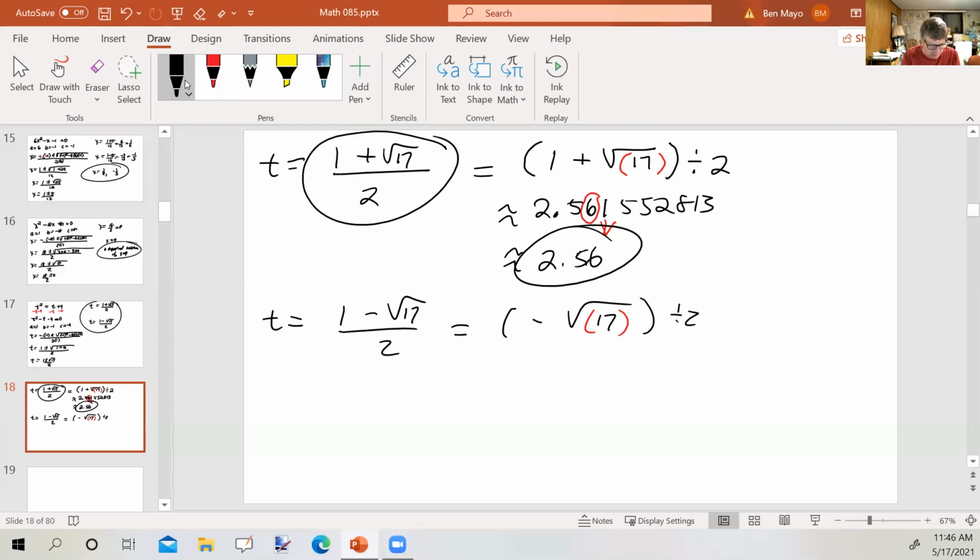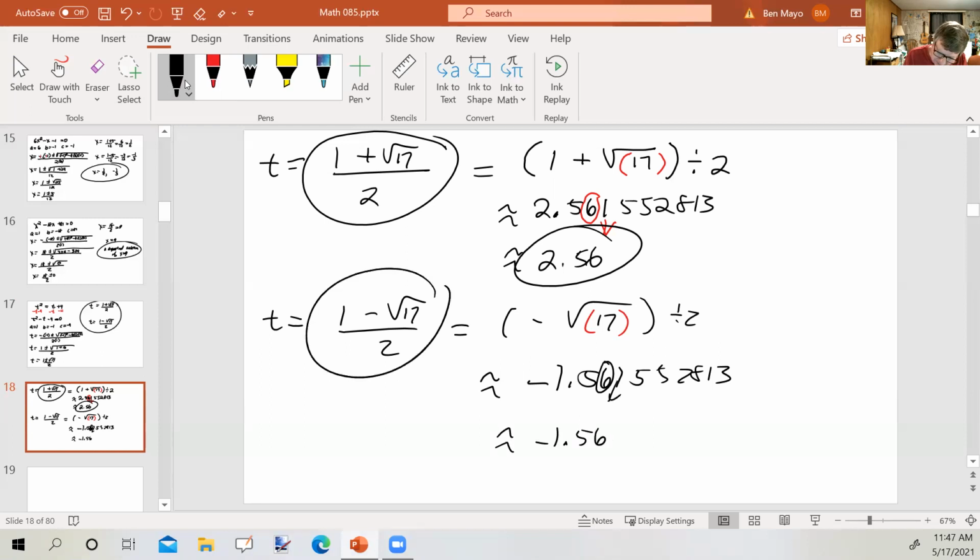And let's see here. I get negative 1.561552813. The 6 would round down, so negative 1.56. Exact answer, approximate answer. Okay.